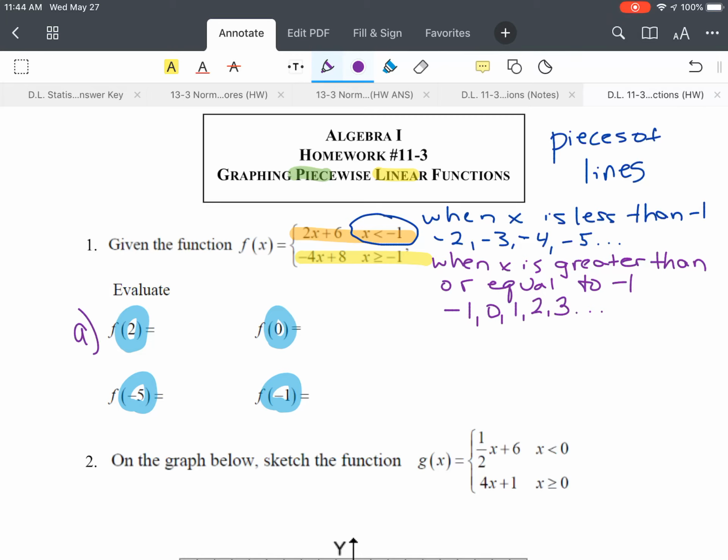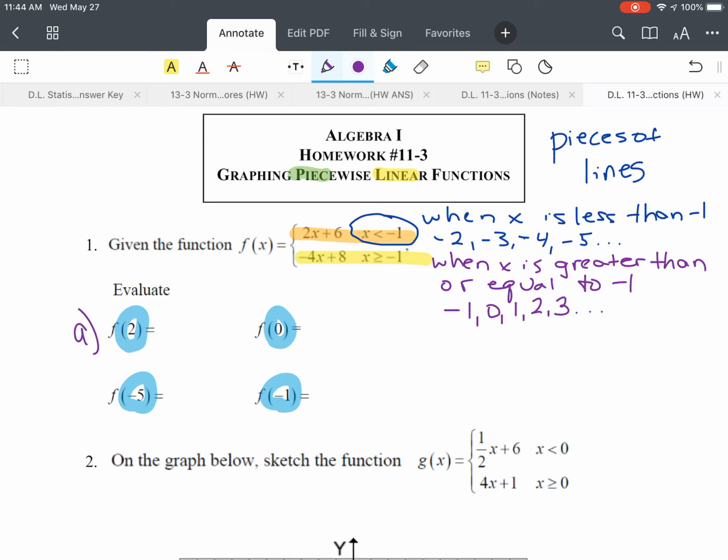F of 2, do I want to put f of 2 into the orange one or into the yellow one? Which one deals with when x is 2? Well, that's going to be the yellow one, because the yellow one is when x is greater than or equal to -1, and 2 is in fact greater than or equal to -1.